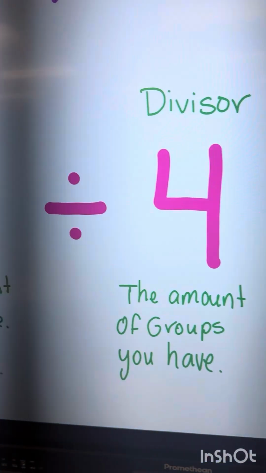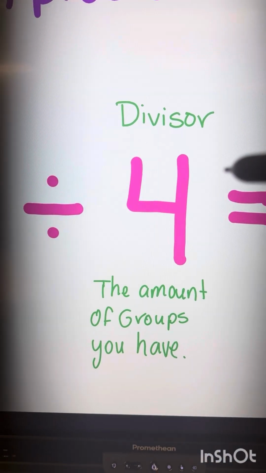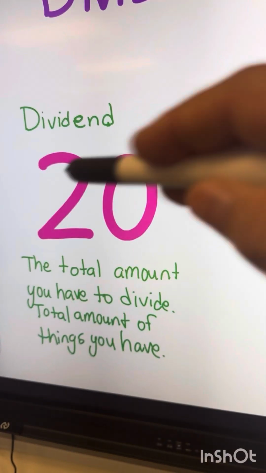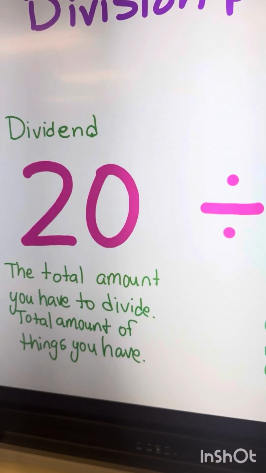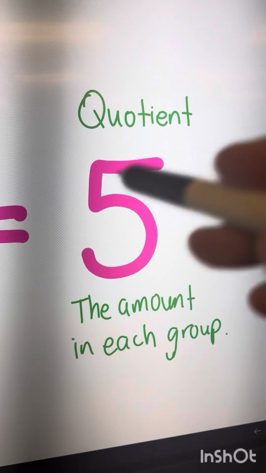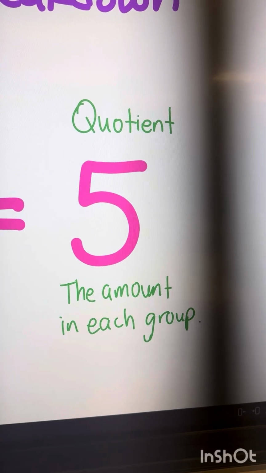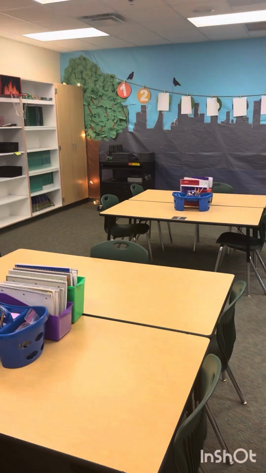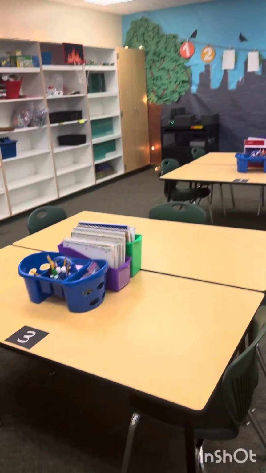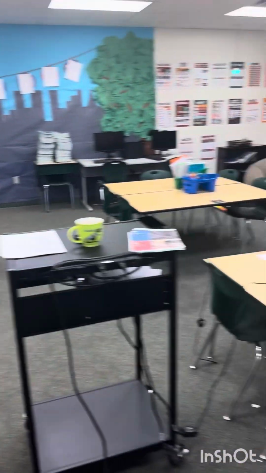So you have the divisor, which is the amount of groups you have, the dividend, which is the amount of people or things that you have in total, and then the quotient, which is what's in each group. How much did you end up in each group? If I divided those 20 people into these 4 groups, I would have 5 people in each group.